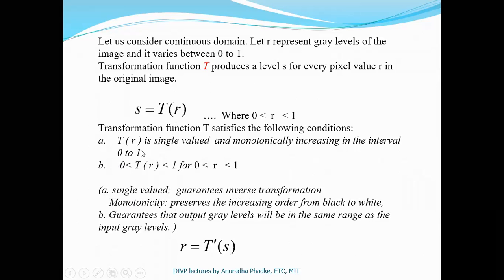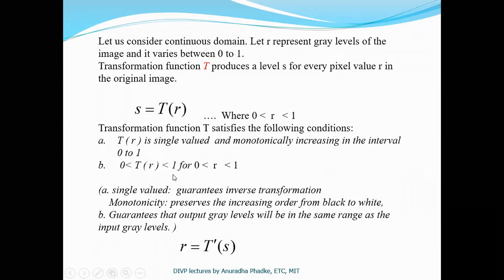So because of single valuedness and monotonicity, we can guarantee the inverse transformation. And the second condition guarantees that output gray levels will be in the same range as the input gray levels. These are the two properties or conditions for this transformation function T.